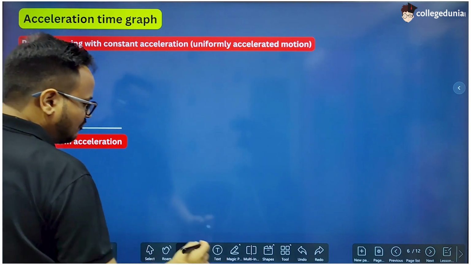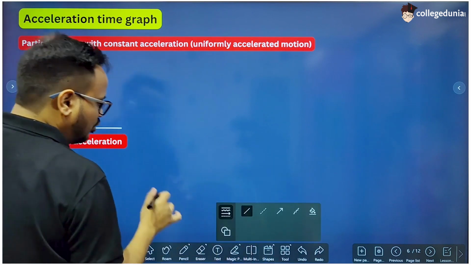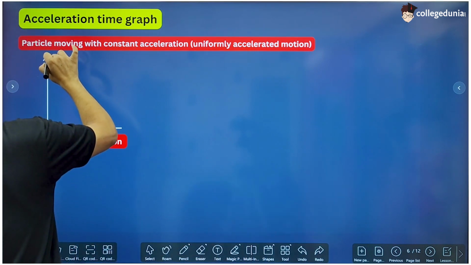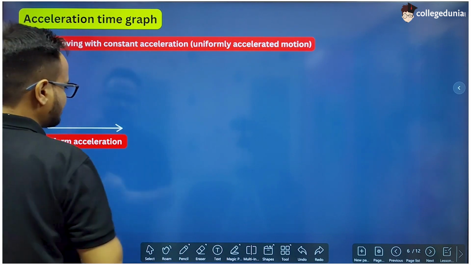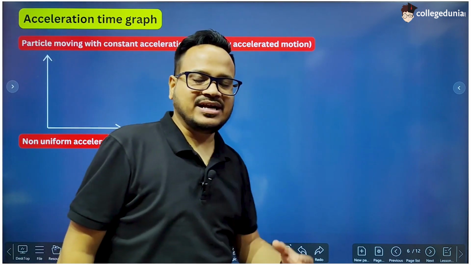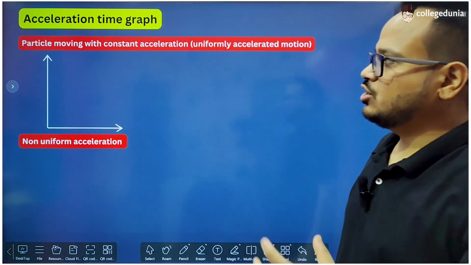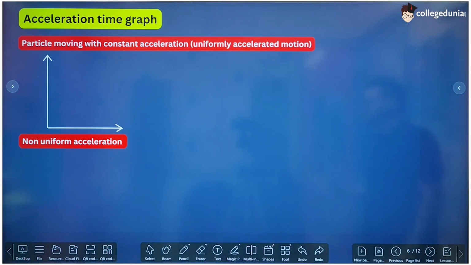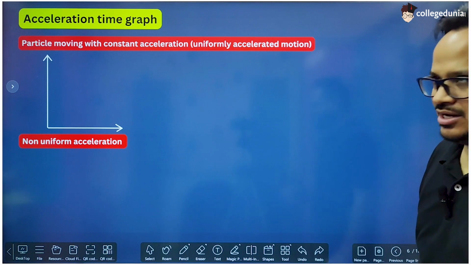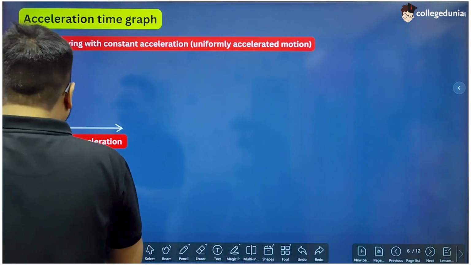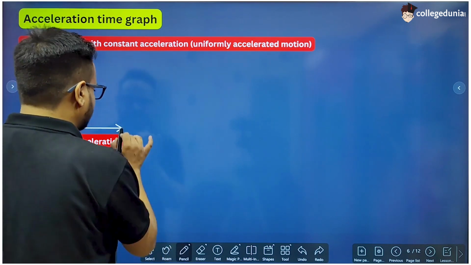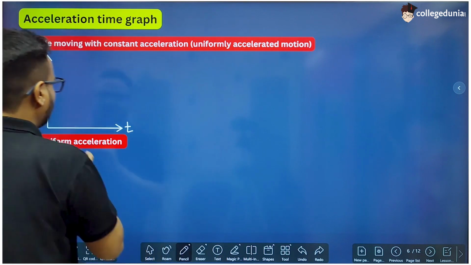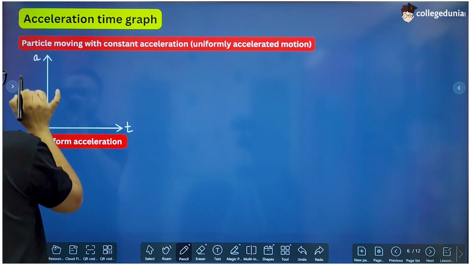So we know that if we want to see the dependence of acceleration on time, then we have to plot acceleration on y-axis and time on x-axis. Right? Because the dependent variable is always plotted on y-axis and independent variable is always plotted on x-axis. So this is the time axis and this is the acceleration axis.